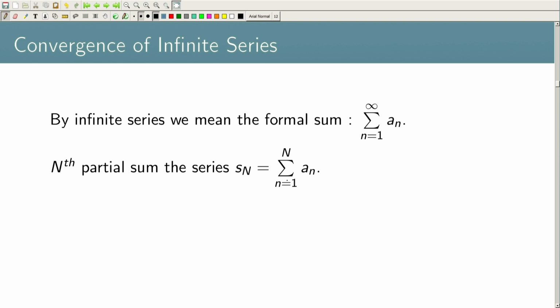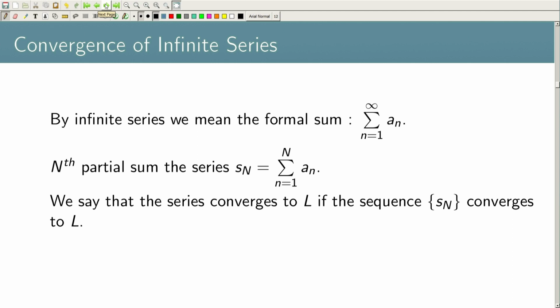This becomes a sequence of real numbers if I am taking a_n in R, and if a_n are complex numbers, then S_n is also a complex number.